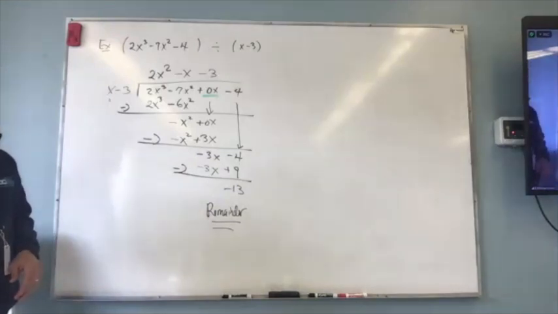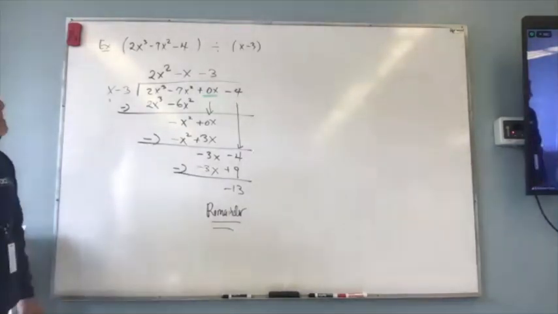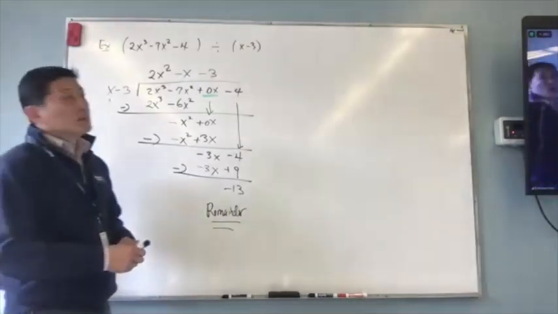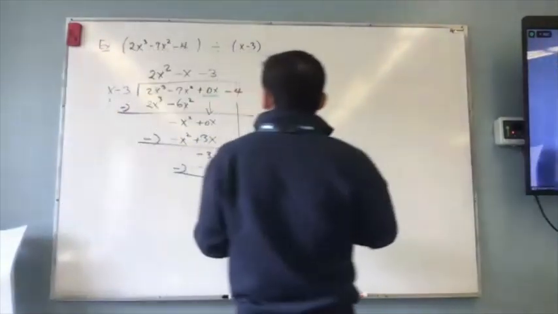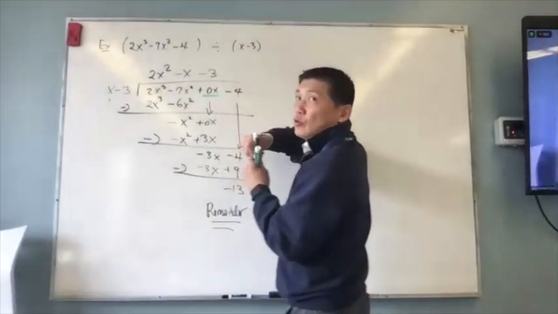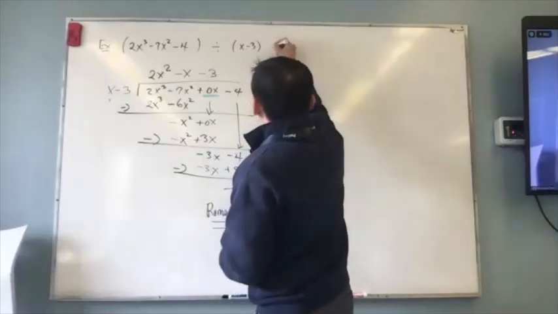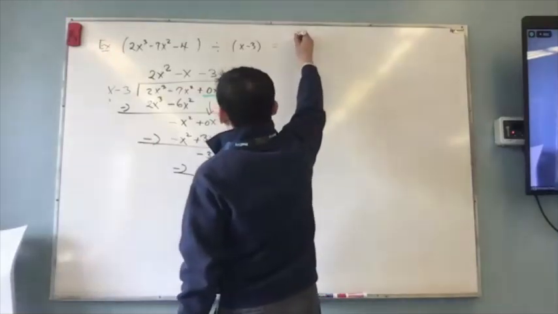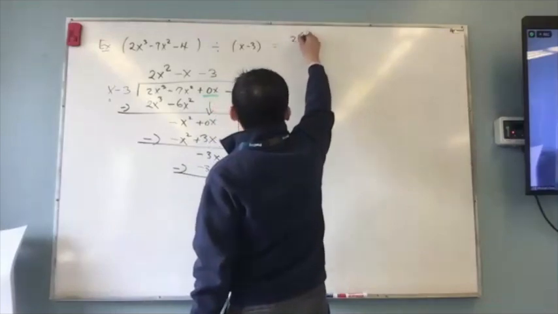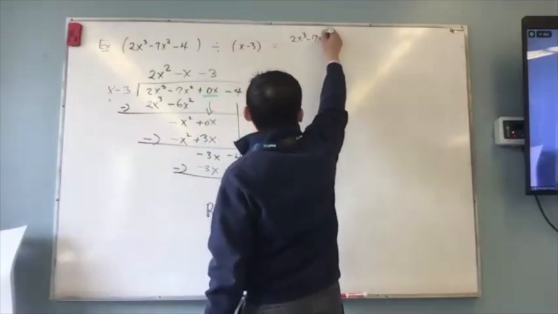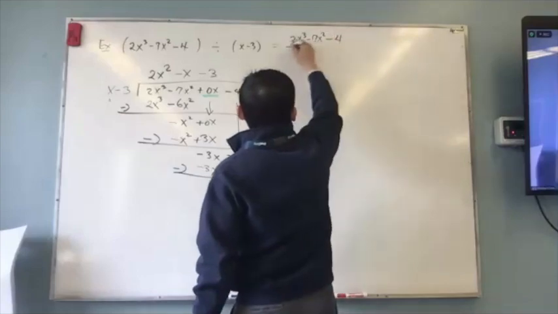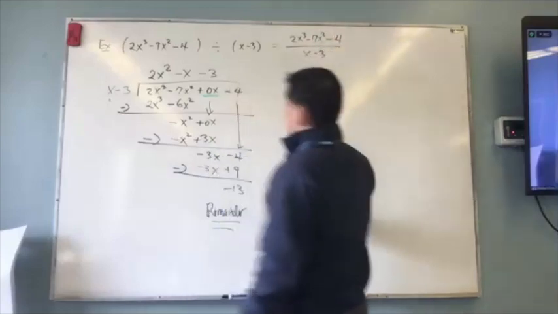We write the remainder as negative 13 divided by x minus 3. So ultimately at the end, when you divide these two, the answer in many ways is written like this: 2x cubed minus 7x squared minus 4 divided by x minus 3.